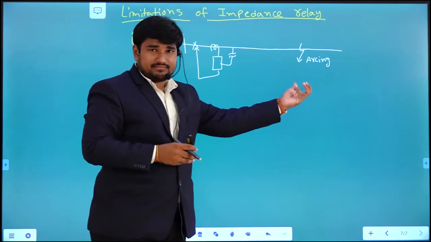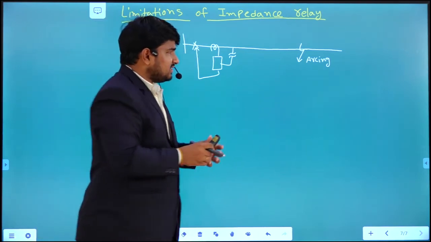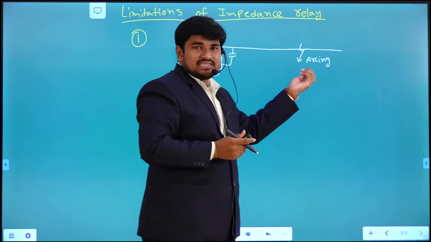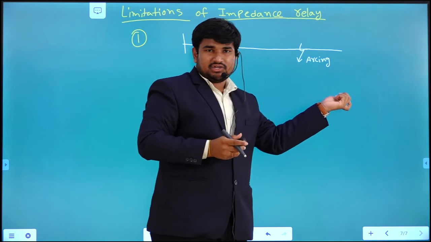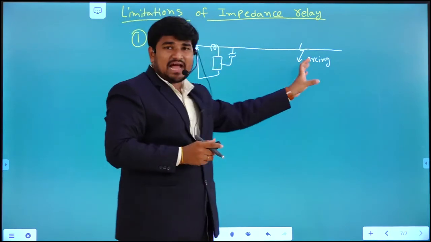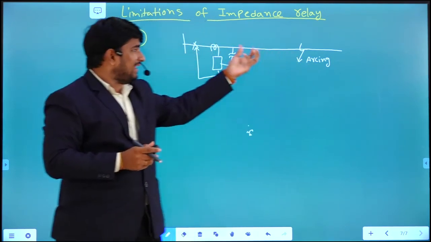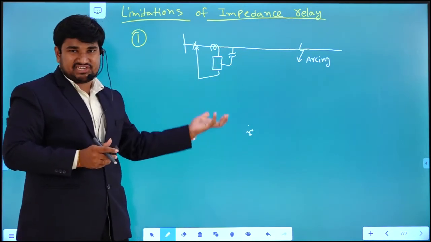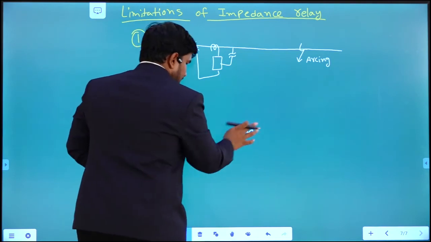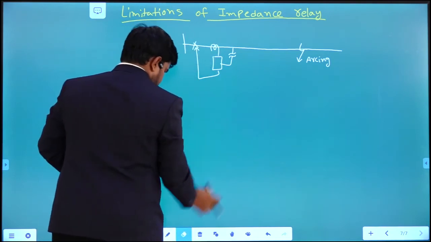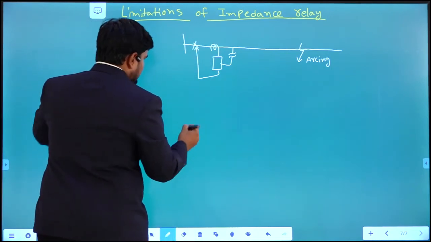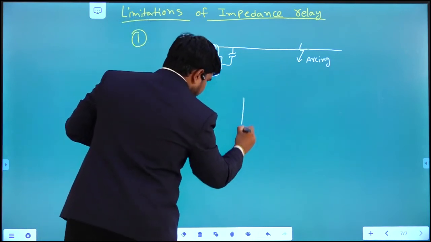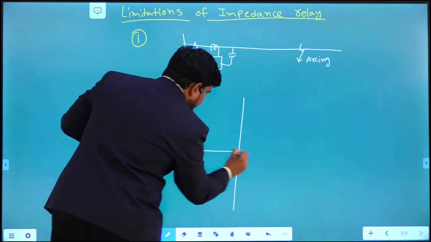Because of this arcing, which means some additional resistance, the parameters seen by the impedance relay will change. How will it change? Let us observe the characteristics of this impedance relay to analyze this. This is the RX plane.